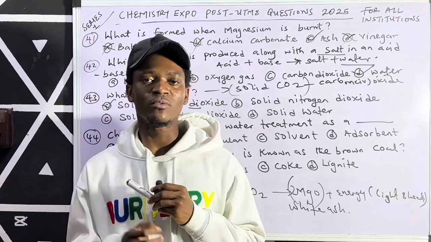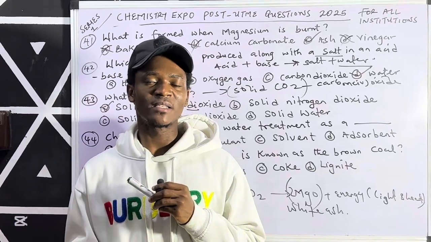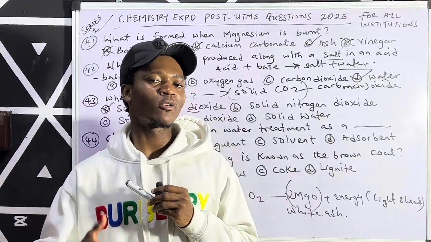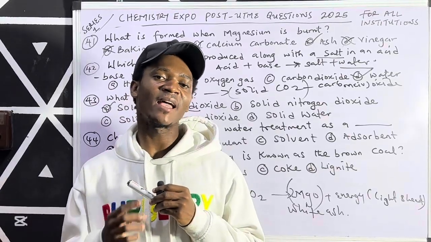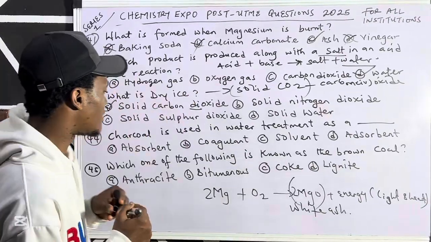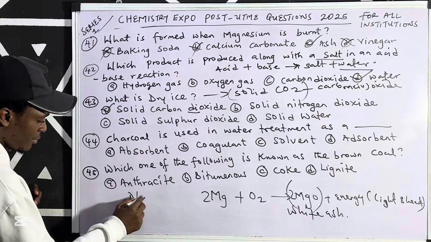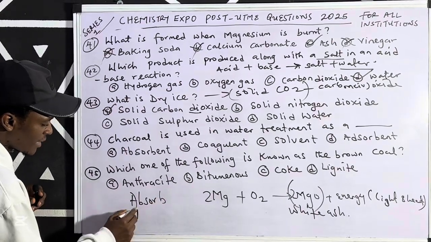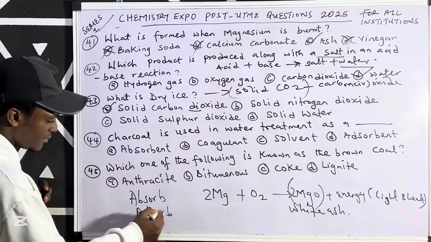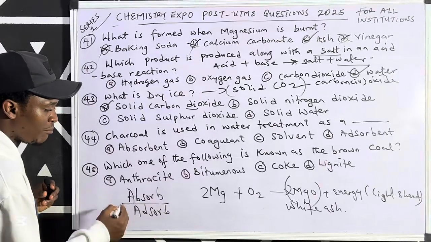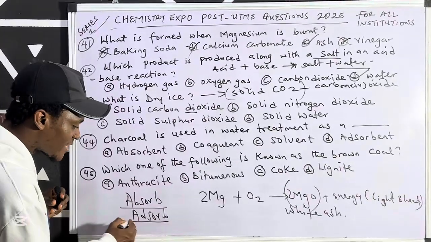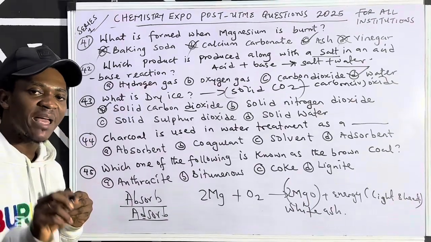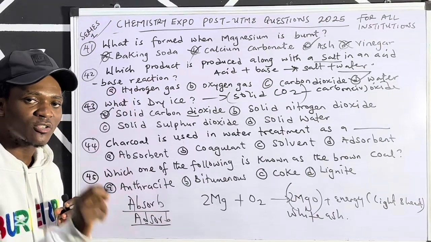So how does it do this? It actually does that by functioning as an adsorbent. I said adsorbent, I didn't say absorbent. Listen attentively. The word absorb and the word adsorb are different. Absorb means to penetrate or to go in, while adsorb, the one with the D, means to remain on the surface or to get trapped.